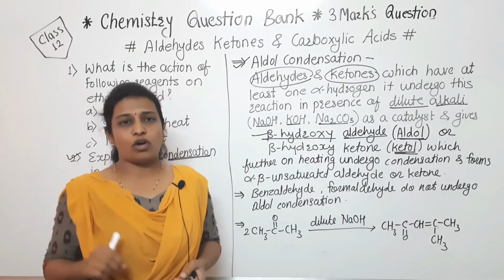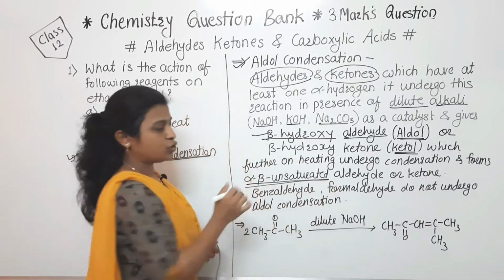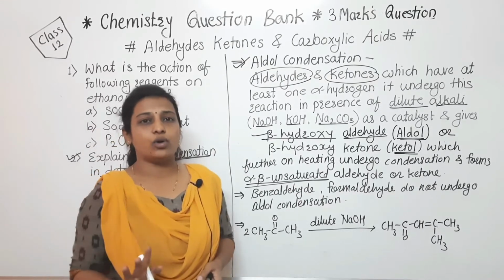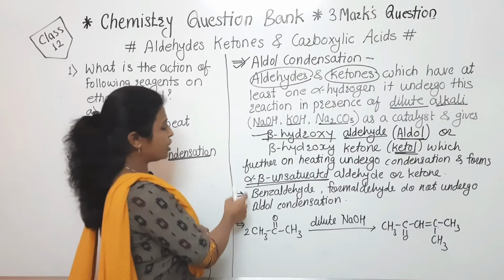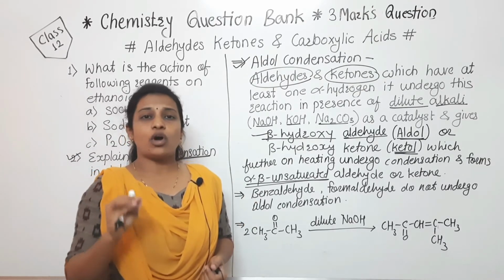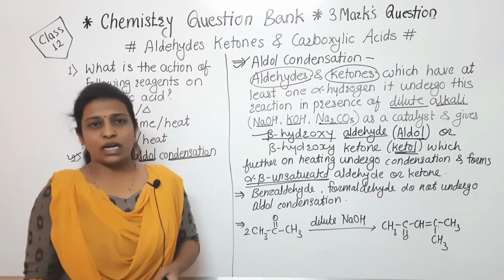Condensation means there is a removal of water and it gives an alpha beta unsaturated aldehyde or ketone, and this reaction is called aldol condensation. Now, as a second point, benzaldehyde and formaldehyde, which do not have a single alpha hydrogen, do not undergo this aldol condensation.